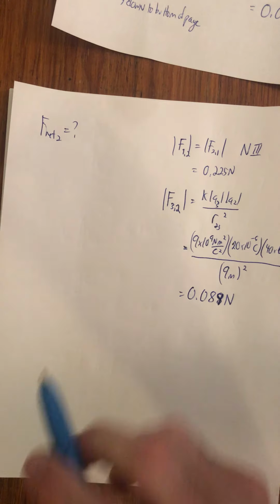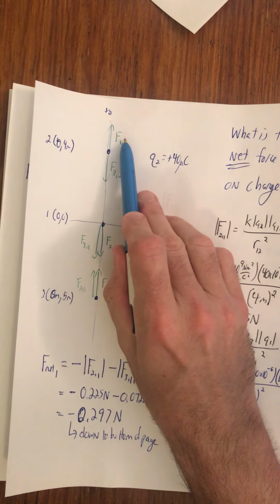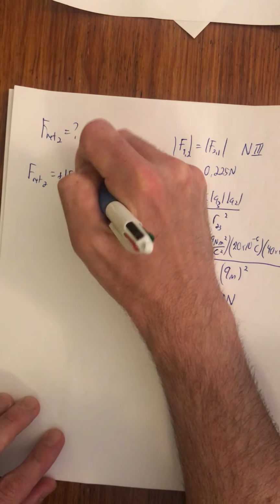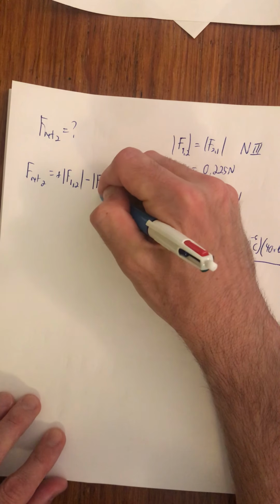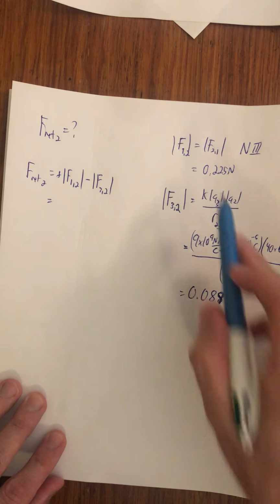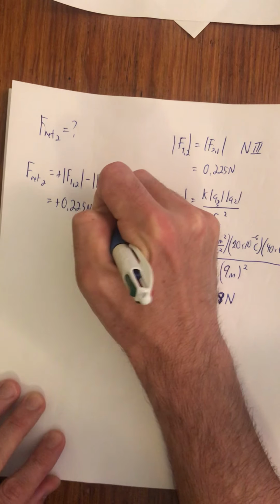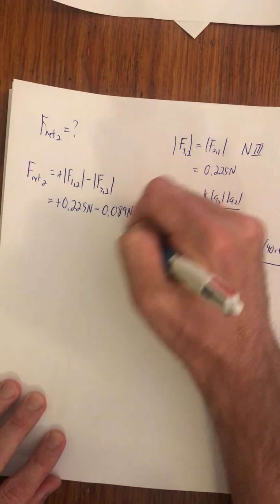So now I've got that magnitude. Now let's construct our net force equation using our declaration. We said towards the top is positive. So that's going to be a positive, that's going to be a negative, based on that declaration. So I've got a positive magnitude of F1 on 2 minus F3 on 2. So I've got F1 on 2 is positive 0.225 newtons minus 0.089 newtons, oops, I need parentheses there.